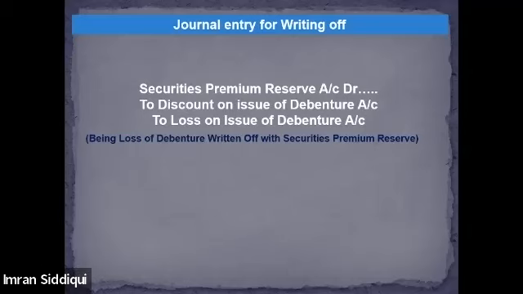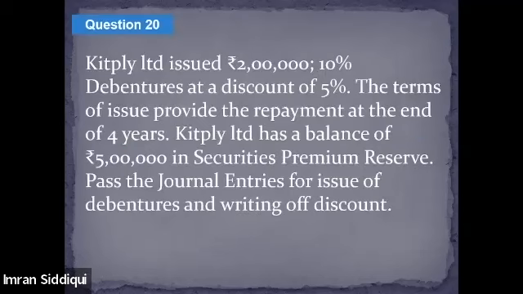Done, sir. Okay. All right, then. So let's do a question based on it. See, this is a question wherein it says Ply Limited issued 2 lakh 10% debentures at a discount of 5%. The terms of issue provide for repayment at the end of 4 years.